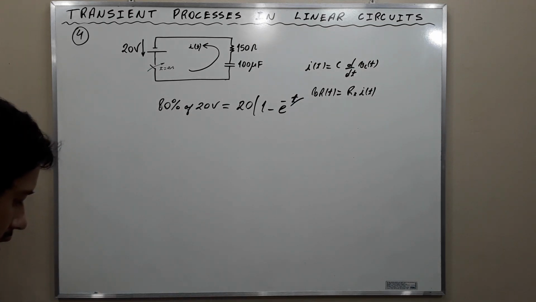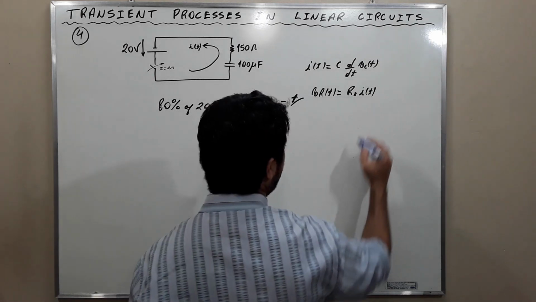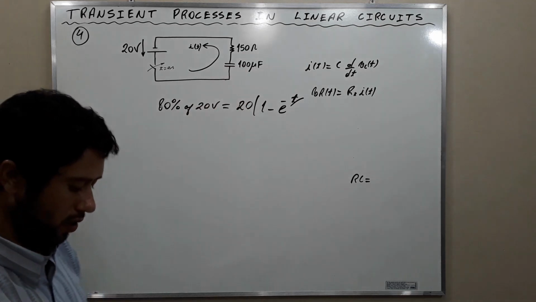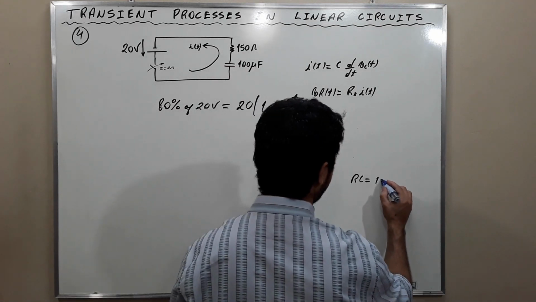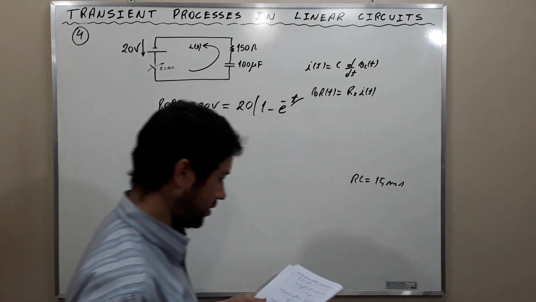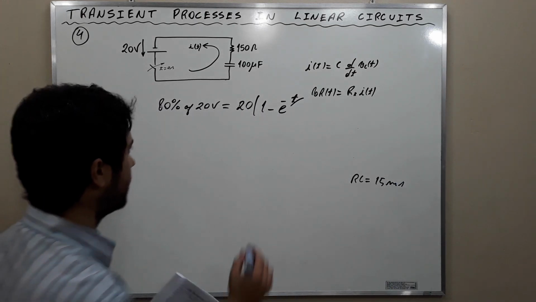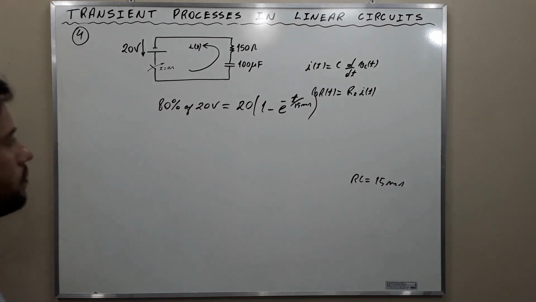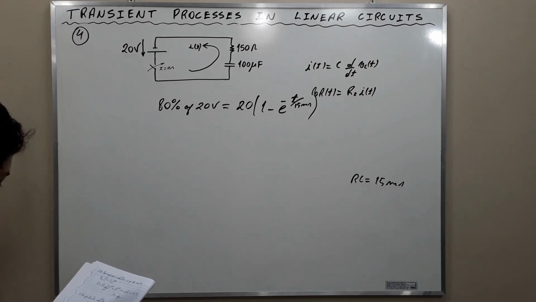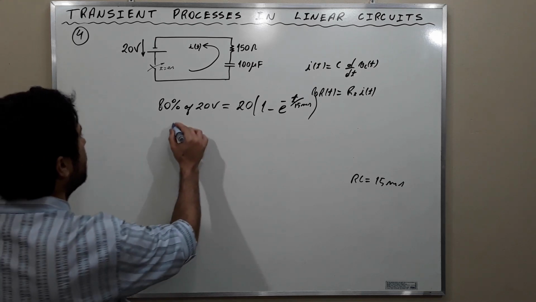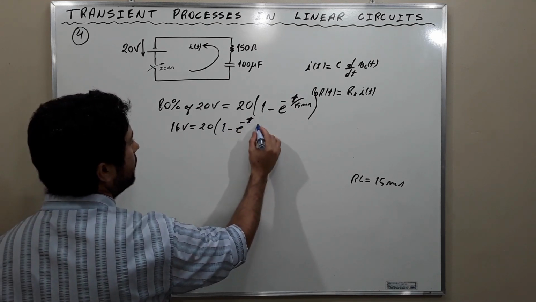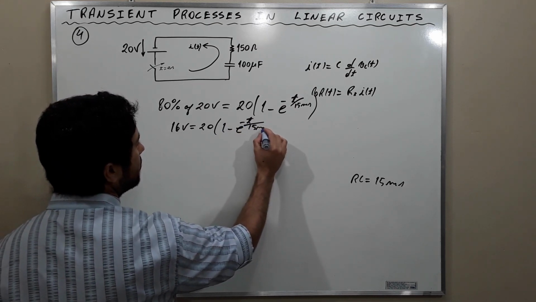If you calculate RC, substituting these values here, you're going to find 15 milliseconds. Okay, then we use 15 milliseconds here. 80% of 20 volts is 16. 16 volts is equal to 20 times 1 minus e raised to the power of negative t over 15 milliseconds.